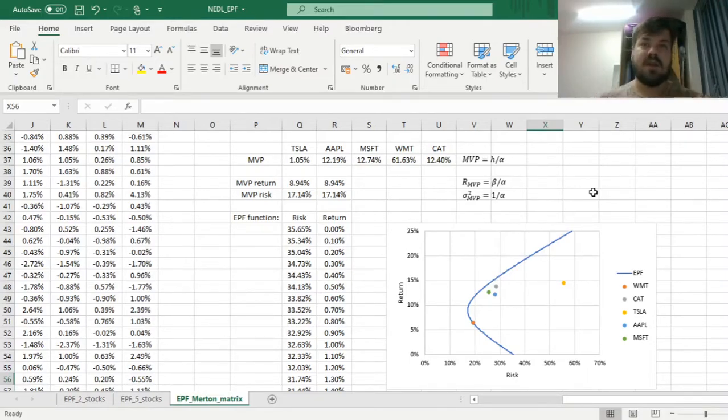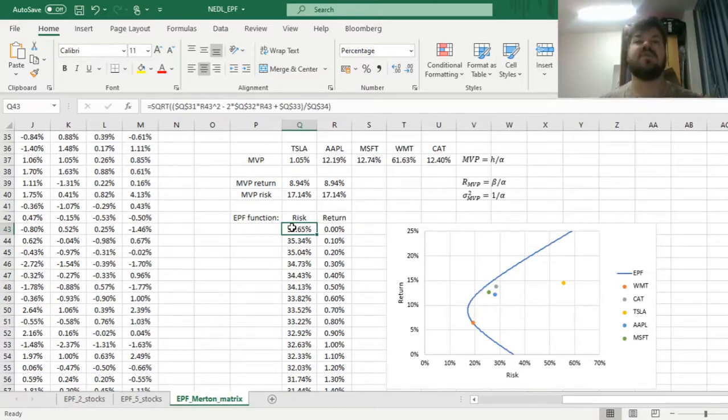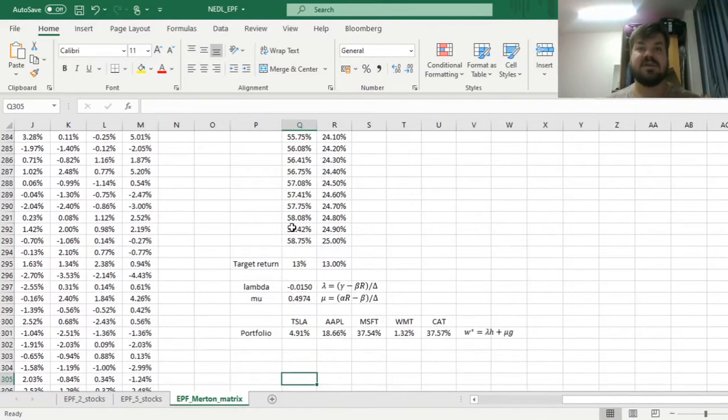You can uniquely define the relationship between risk and expected return for the efficient portfolios that some rational investors would prefer. Also, you could calculate the minimum variance portfolio very easily by just looking at the H vector and the constant alpha. You can derive the function for the efficient portfolio frontier, and perhaps most importantly, and it's the most useful for practical applications perhaps, you can select a target return and get the optimal portfolio for this level of target return.